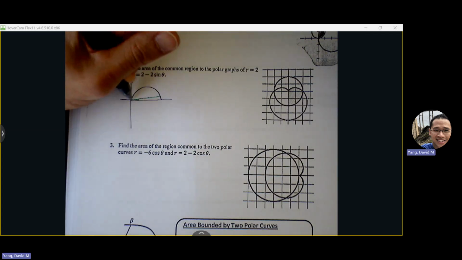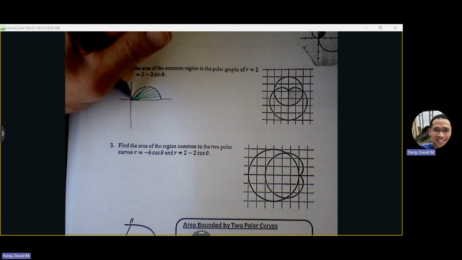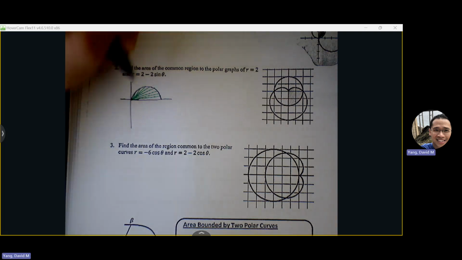I'm going to break it up into 2 regions here, because the first region is not going to include my circle. It's just going to include my limacon with that portion sticking out.